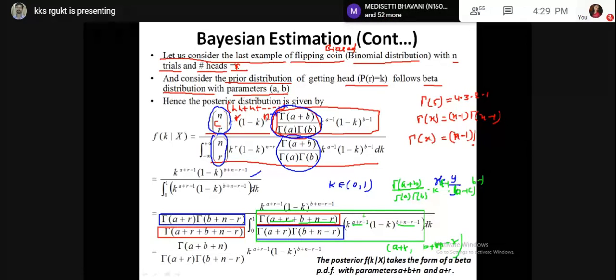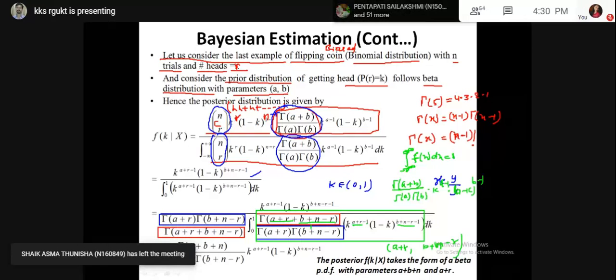Now, this is a beta probability distribution. For any distribution f(x), if f(x) is some probability density function, and you integrate from minus infinity to infinity dx, it will be 1, because integration means cumulative probability, and cumulating all the probability gives 1.